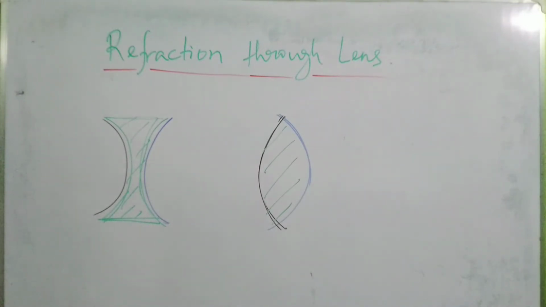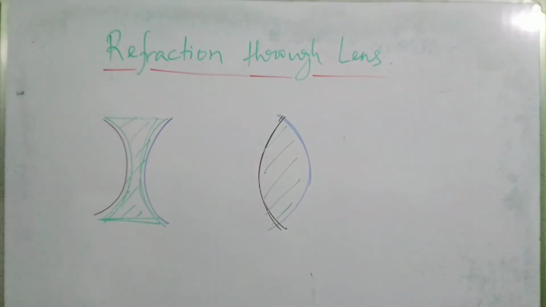We will see that diagram a little later. For now, just consider that a lens is a transparent medium bounded by two spherical surfaces. So this is the definition of a lens.